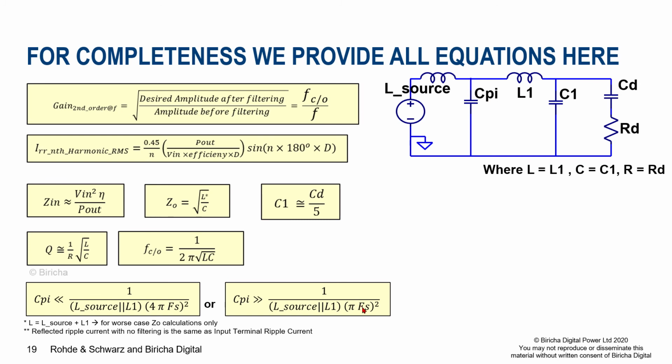And therefore, you can see that we can calculate down to component level all of these values. Then we showed you a spreadsheet whereby all of these equations were already embedded in it. And then finally, we showed you some really nice experimental results using the workshop power supply and the filter, and using the Rohde & Schwarz RTM3000 oscilloscope.